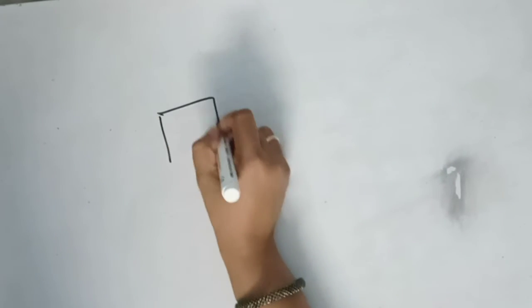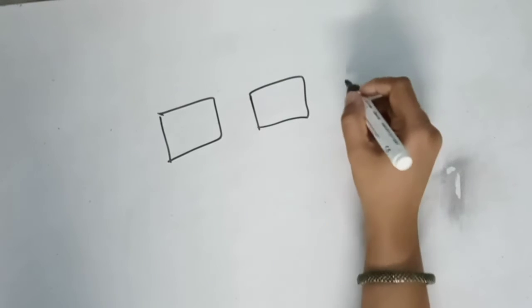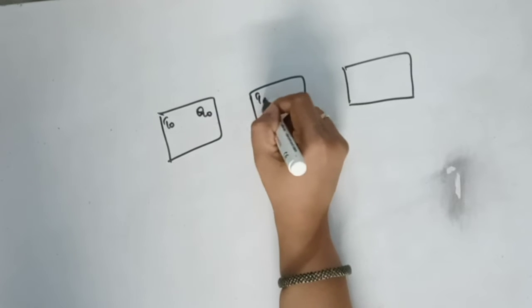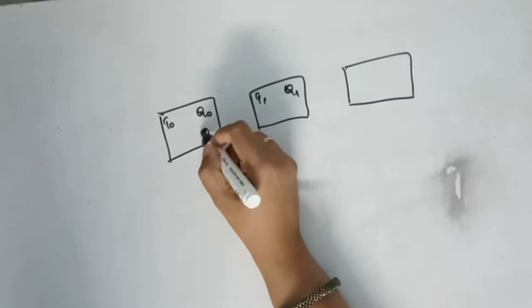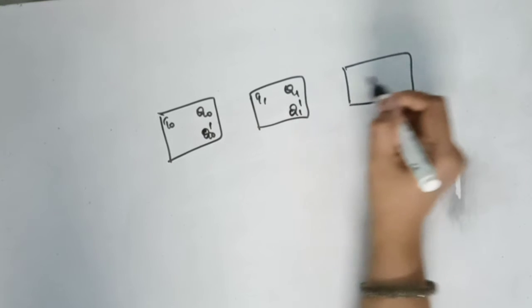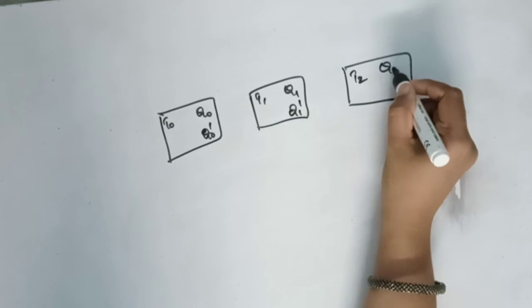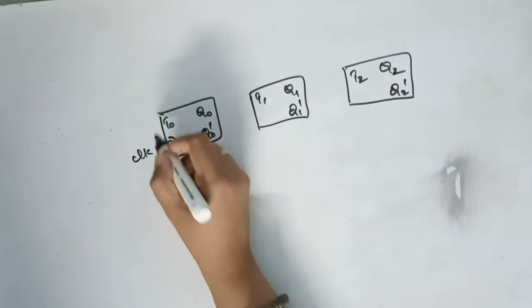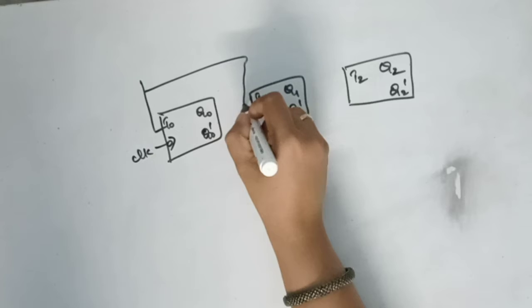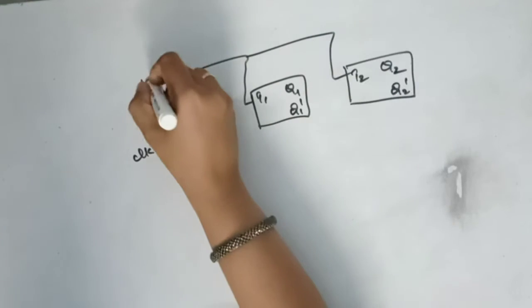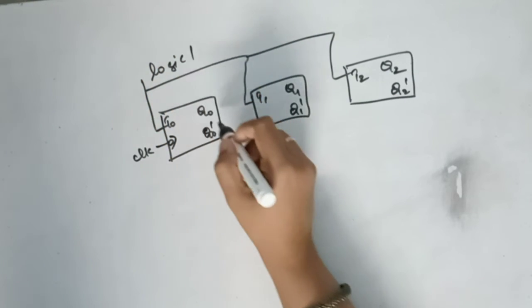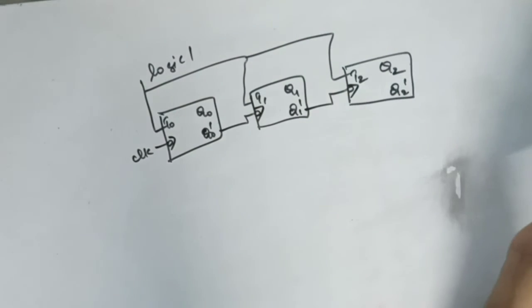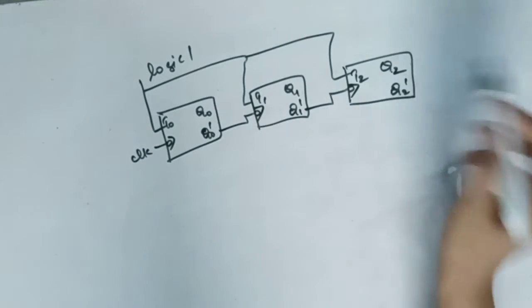And if it's the down counter, this is the clock. This is logic 1. This is my connection.